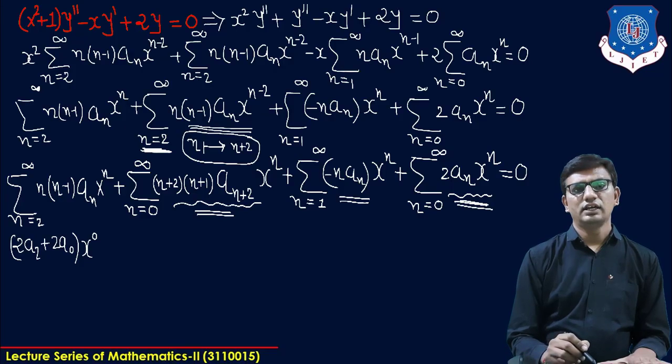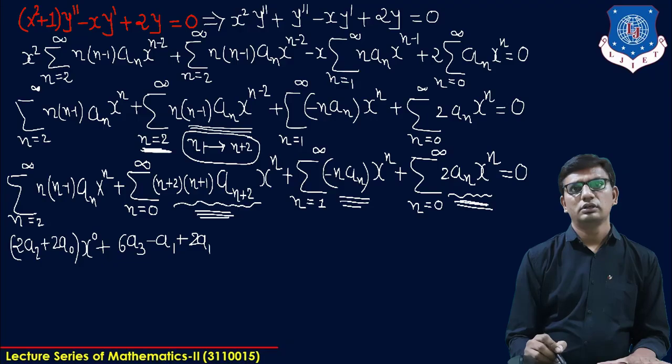Then we get 6a3 minus a1 from the third summation, plus 2a1 from the last summation, times x.